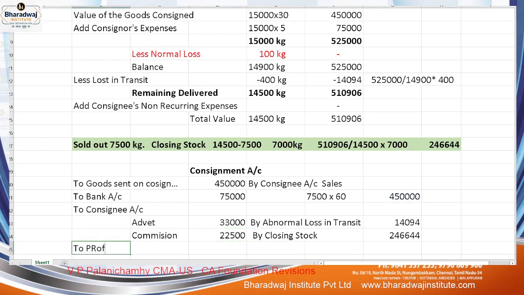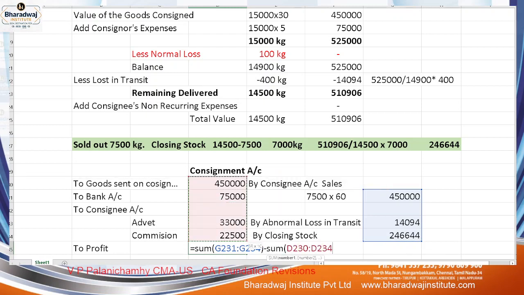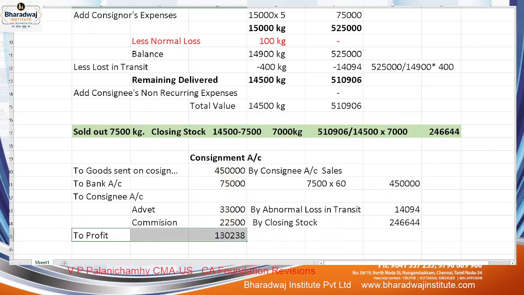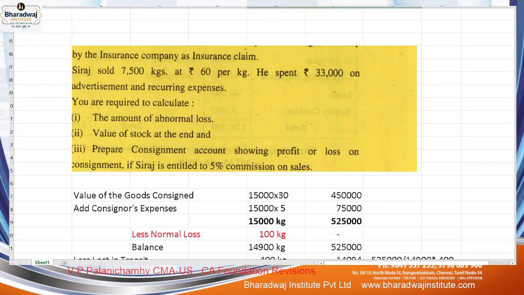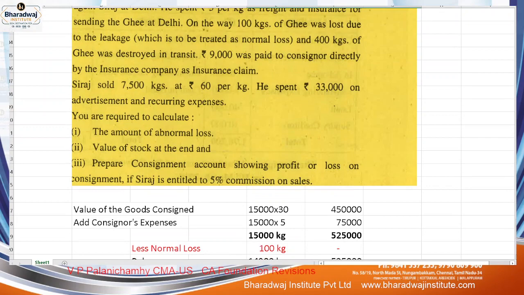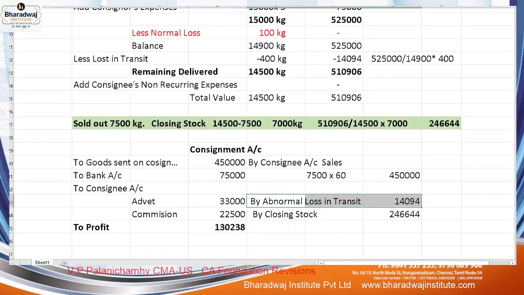Tally partner to profit. Suppose we prepare abnormal loss account to consignment account or by recovery. What is abnormal loss recovery? 9,000 will come in the abnormal loss account.